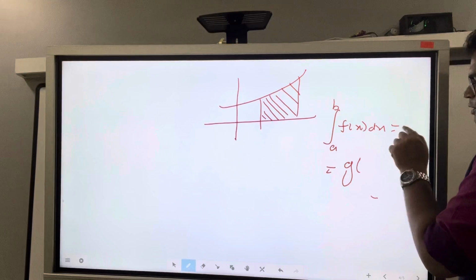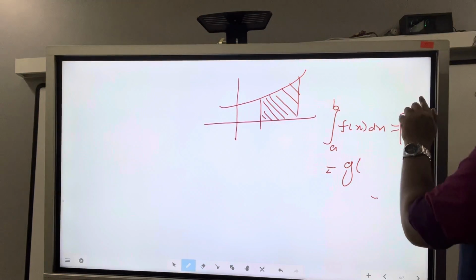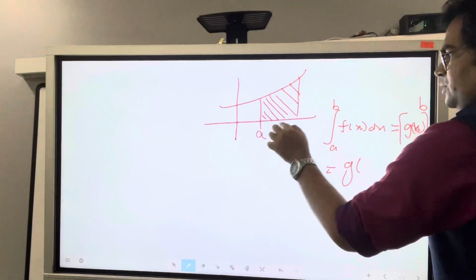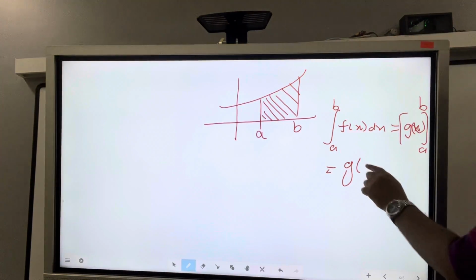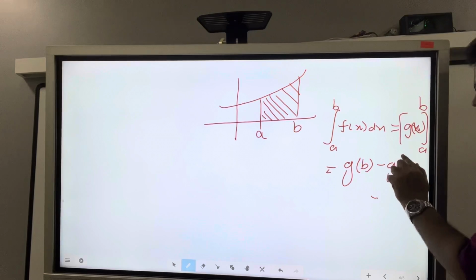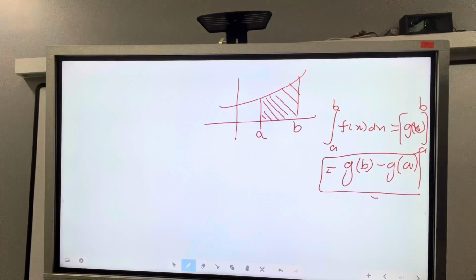So suppose this answer is g of x. You put the limits a and b. a is this value and b is this. So g of b minus g of a that you get is the area under the graph. This is the area under the graph.